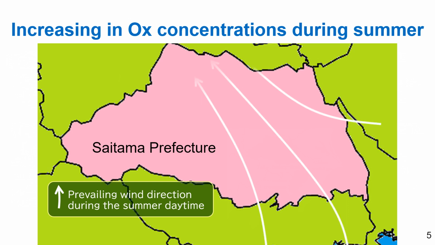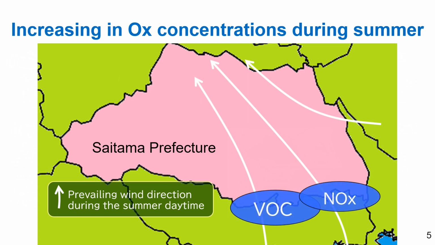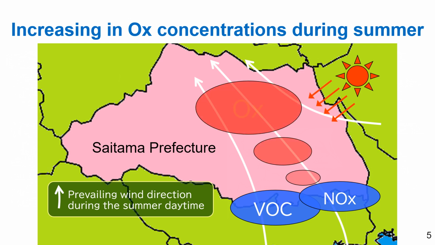The NOx and VOCs, which are precursors to photochemical oxidants emitted from the metropolitan area around Tokyo Bay, undergo photochemical reactions as they travel inland with this wind, transforming into photochemical oxidants and increasing their concentration while passing through Saitama Prefecture.